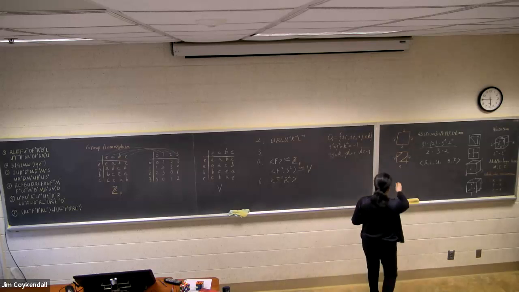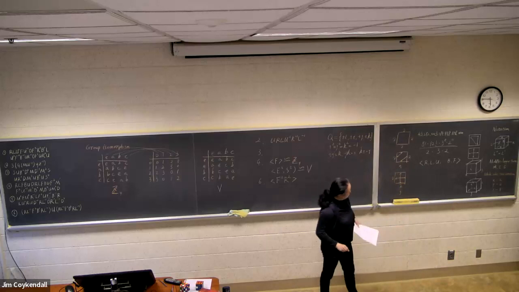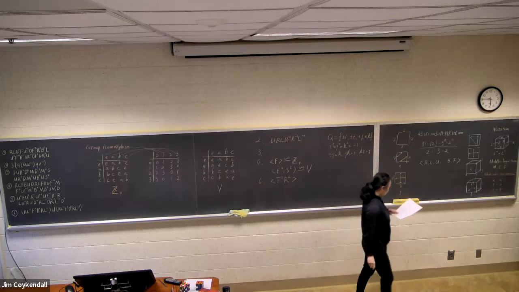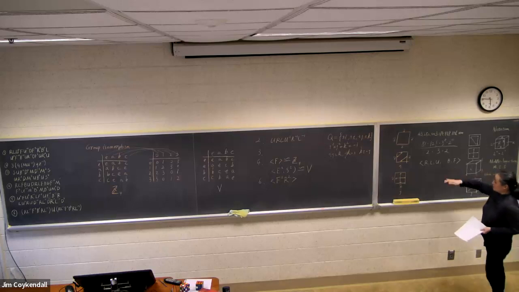Now in the same flavor, J looks like this. That gives you J. That's J. So now we can figure out what K looks like.